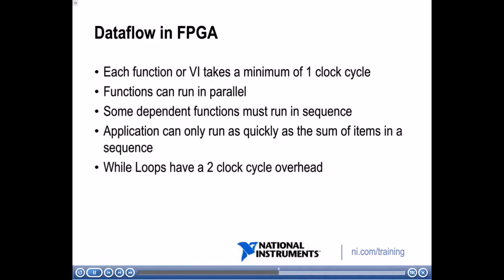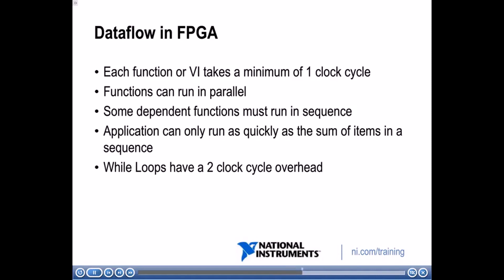Okay, so let's continue this topic. Because of the data flow principles that we just talked about in FPGA, we know that each function or VI is going to take a minimum of at least 1 clock cycle. That's because of that enable chain. Functions can run in parallel, but some functions are dependent on each other, so sometimes you have a string of functions that have to run in sequence.